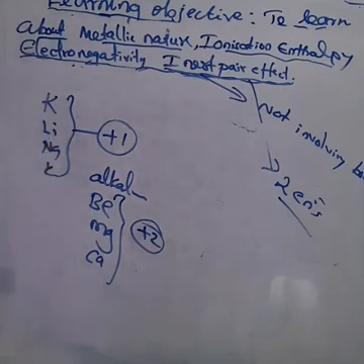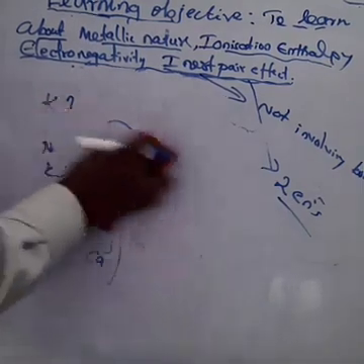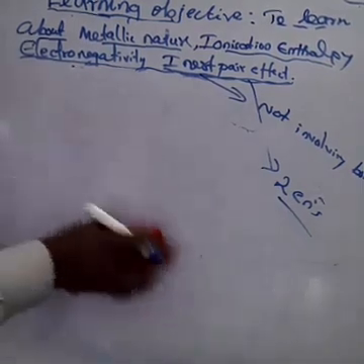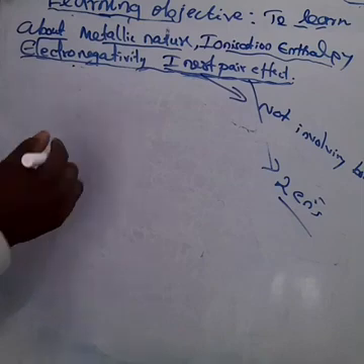Here the p block elements also show some variable oxidation states. Here we are using the heavier post-transition elements, meaning the D block and F block elements. Am I right?